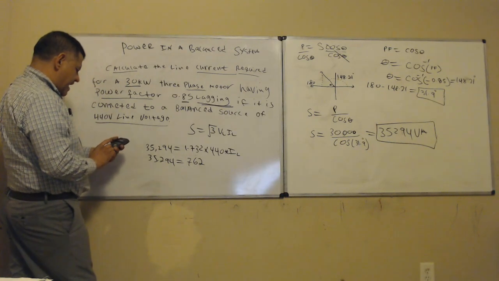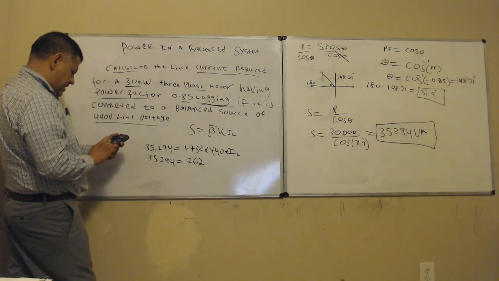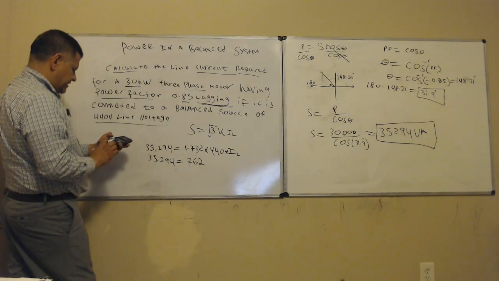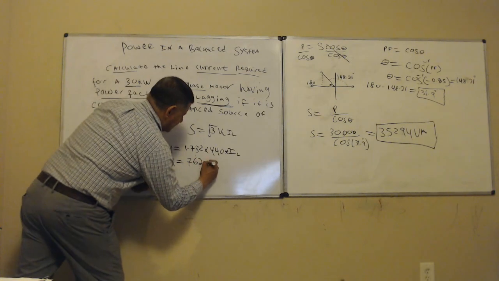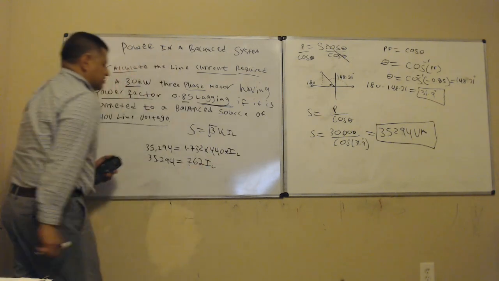So 35,294 divided by 762 is equal to I line, that's what I'm looking for.